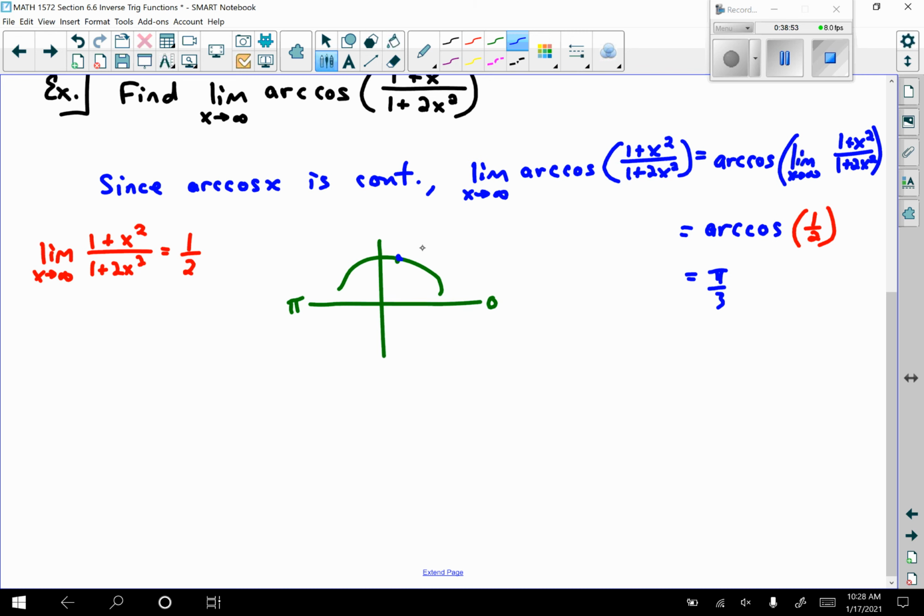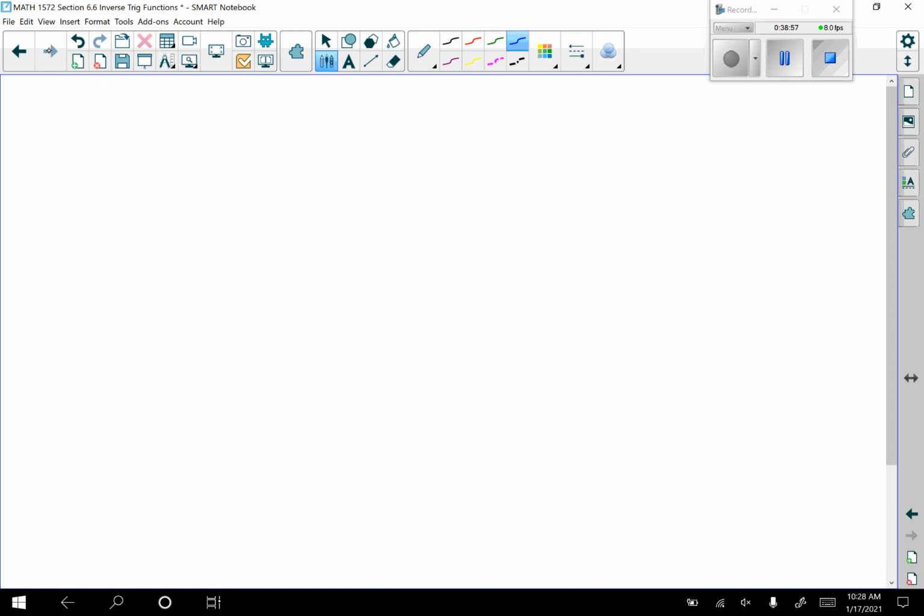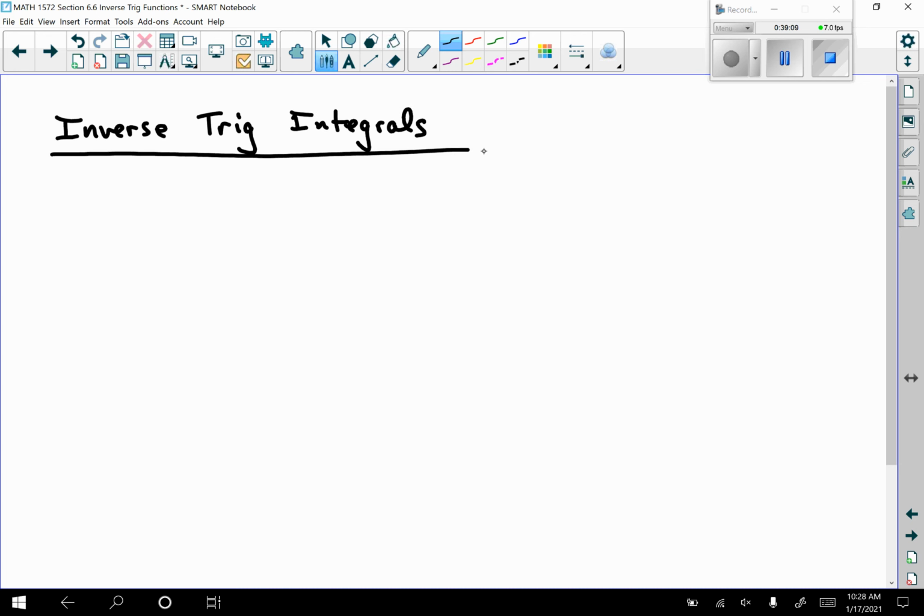All right, let's take a look at inverse trig integrals. I'm just going to write out a couple here. If we're looking at the integral of 1 over the square root of 1 minus x squared dx, again, we just go to our list of the derivatives of inverse trig functions.